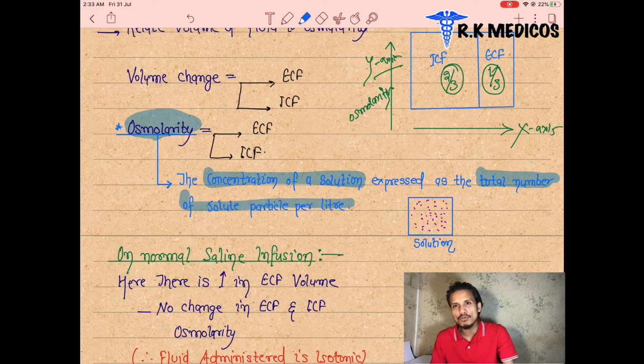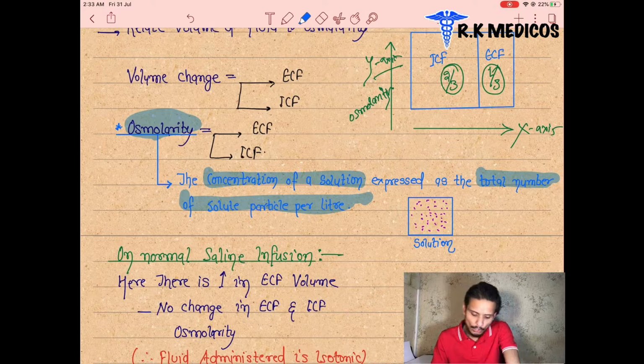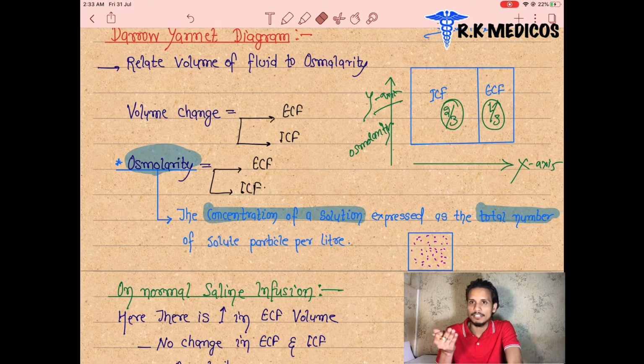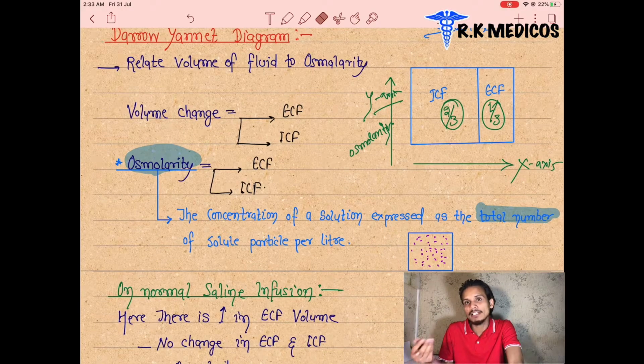For a given amount of liquid per liter, how many solute particles are present inside it, that is the osmolarity. Now, when the osmolarity is increased, it means the liquid is going to be more concentrated, because more solute particles are present inside the liquid.